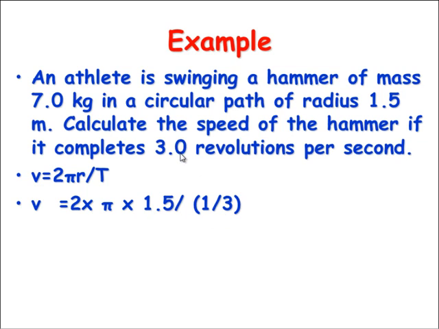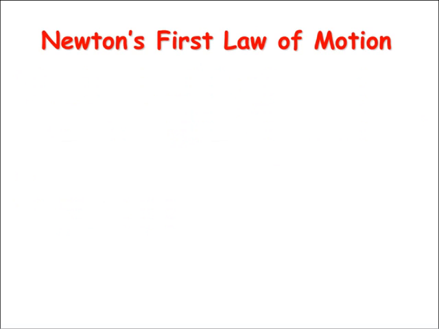That's because it's 3 revolutions per second, so it takes 1/3 of a second to complete 1 revolution. And we get 28.27 meters per second as the speed of the hammer around the athlete.